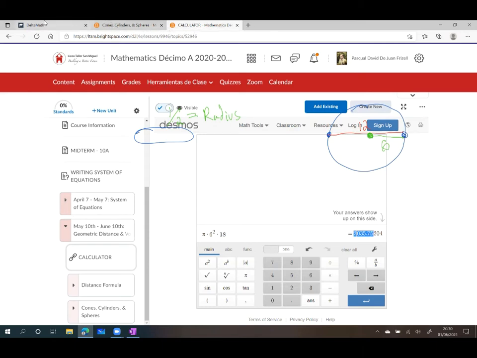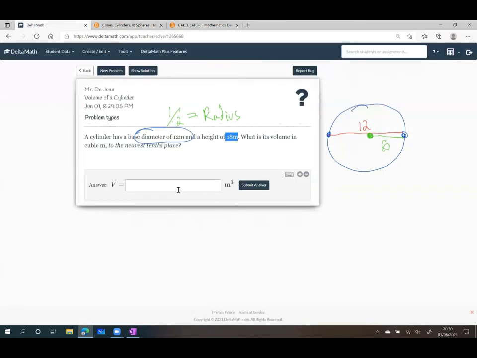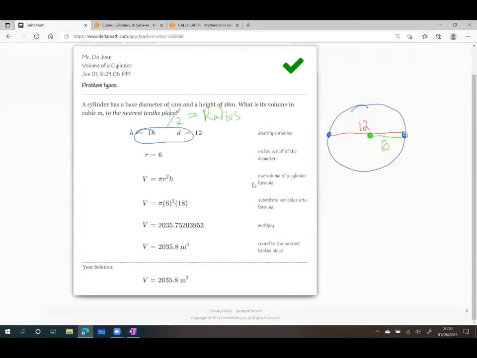That is the height of our cylinder times the radius squared, 6, not 12, 6. And when it's asking us to round to the nearest tenth, well, 0.75, anything that has a 5 will be rounded up to 8, because it is closer. 0.75 is closer to 0.8 than it is to 0.7. We can submit that answer and check.